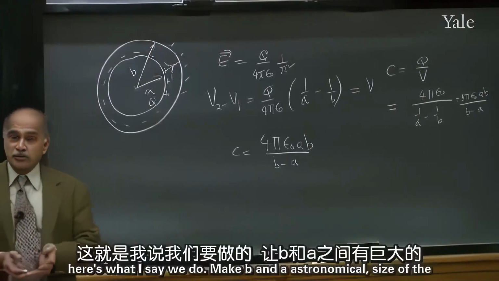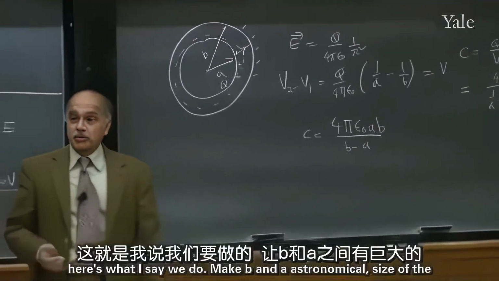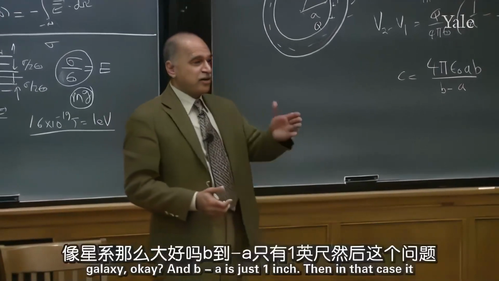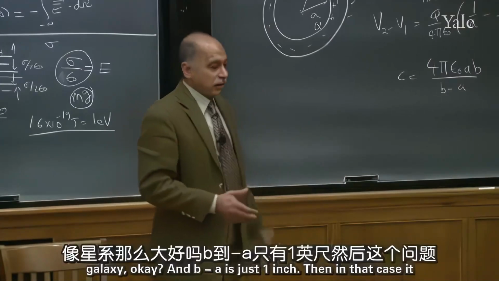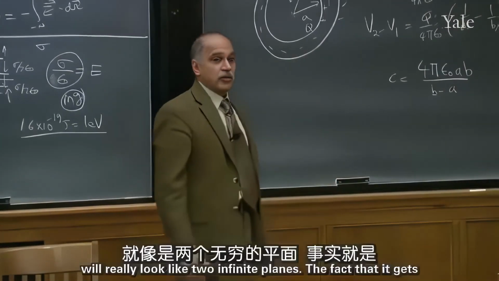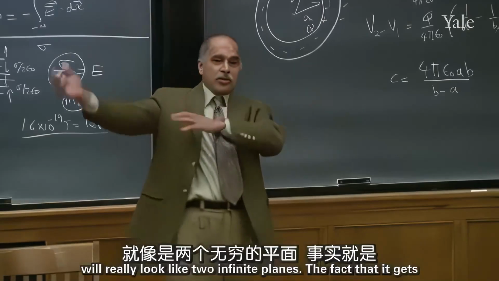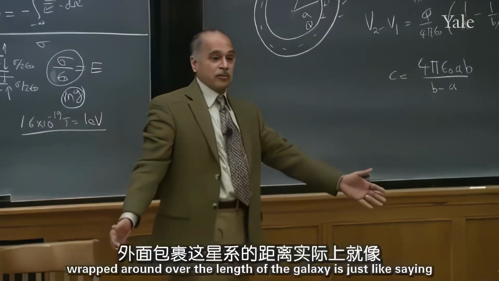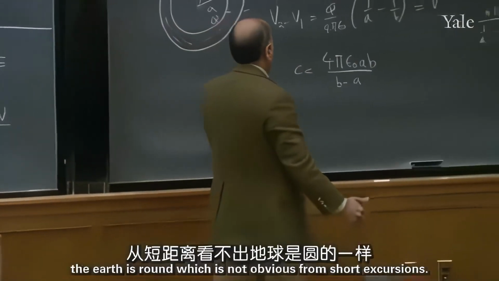So here's what I say we do. Make B and A astronomical, the size of the galaxy, and B minus A is just 1 inch. Then in that case, it will really look like two infinite planes. The fact that it gets wrapped around over the length of the galaxy is just like saying the Earth is round, which is not obvious from short excursions.